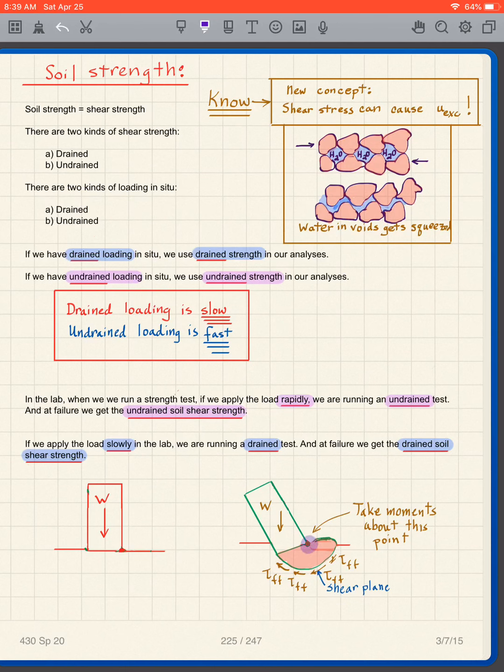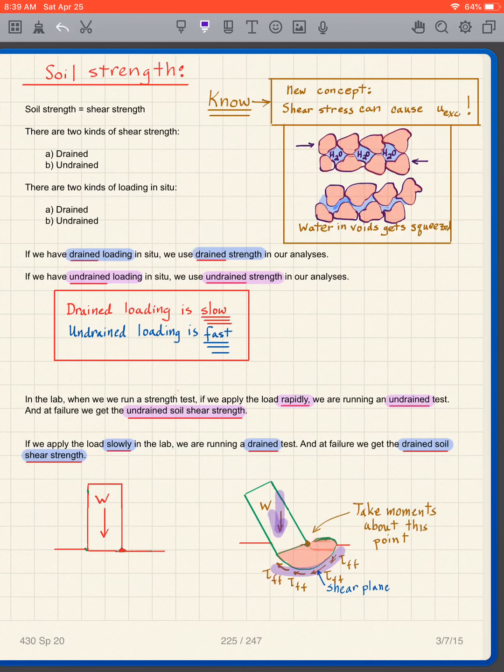For instance, if we take moments about this point approximately, we have the weight of our structure and the shearing resistance of the soil. If the moment caused by the weight of the structure is greater than the moment caused by the shear resistance, then we can get a failure.